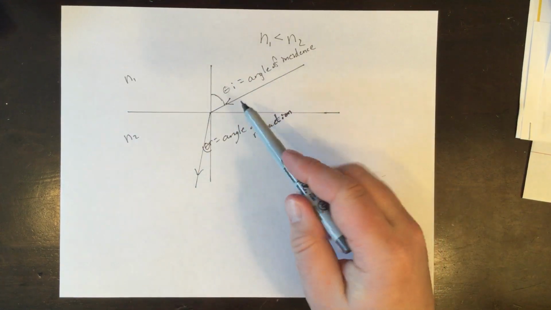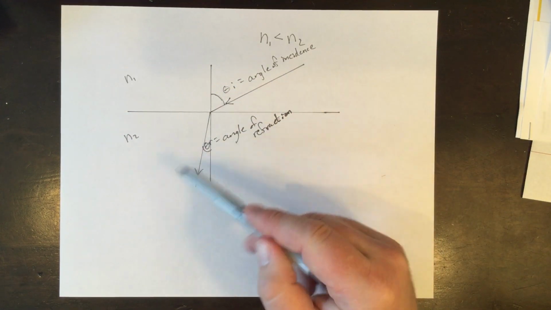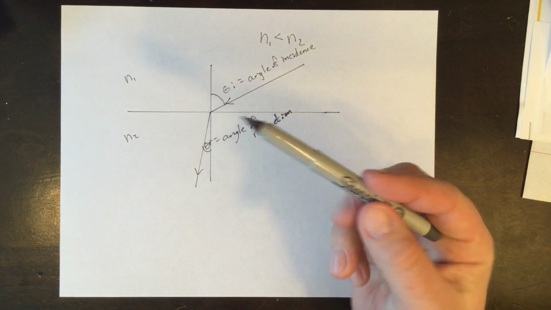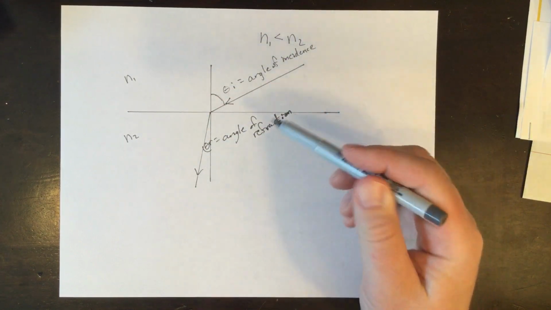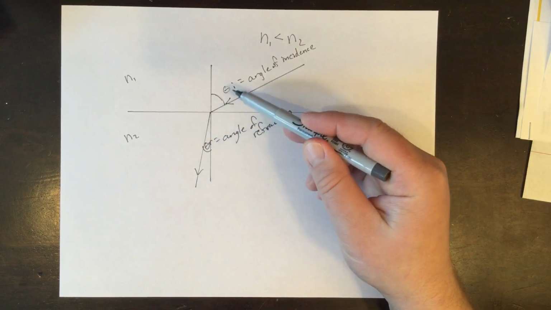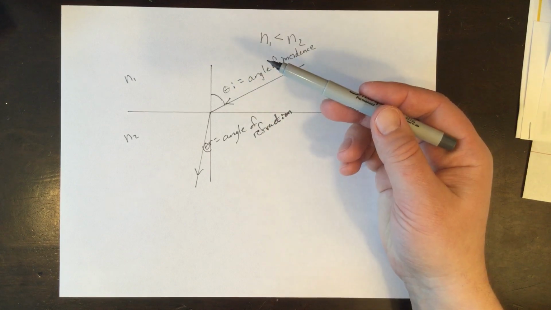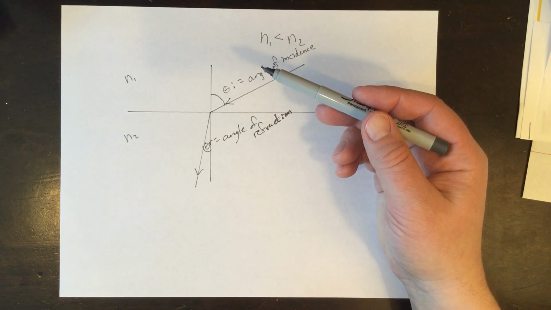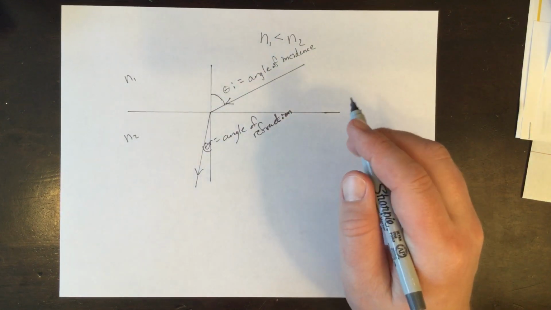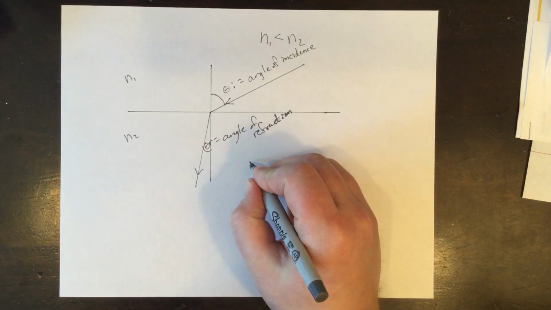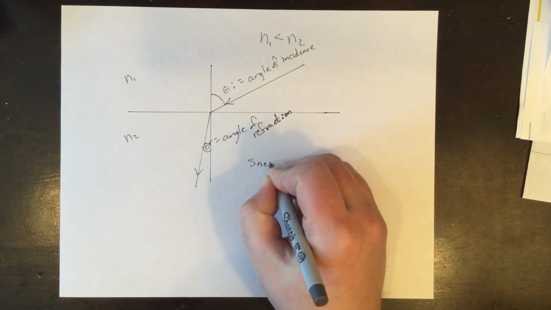So some students will say, well, why did you pick this as being theta I and theta R? In your other picture, you kind of flip-flopped them. That's fine. It doesn't matter. If we call this theta I, obviously that would be theta R then. It does not matter. Our equation is called Snell's law.